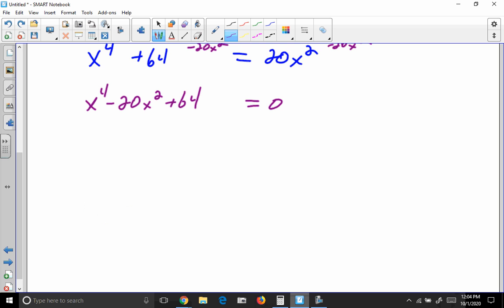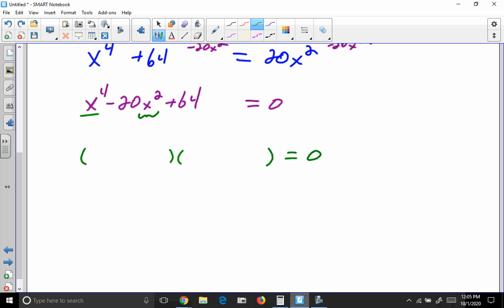This is not quadratic, but it is similar to a quadratic in that we have an exponent here. This exponent is twice as much. Or we could say that this variable part is this one squared. And then we have a constant. And when that happens, we can factor this directly.